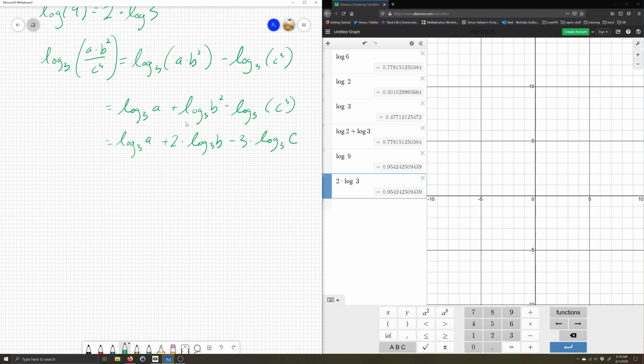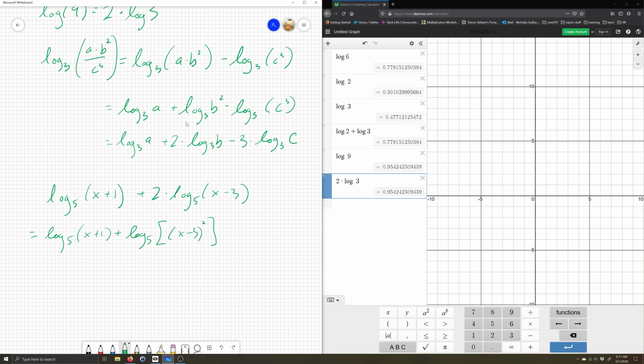On the other hand, if I give you an expression like log base 5 of x plus 1 plus twice log base 5 of x minus 3, I can reverse the process. I've got this 2 outside, so I can pull that in as an exponent.